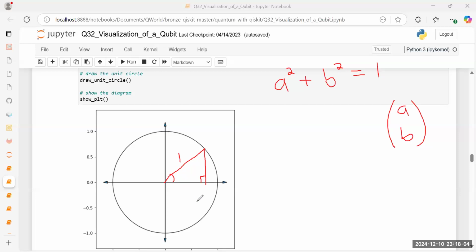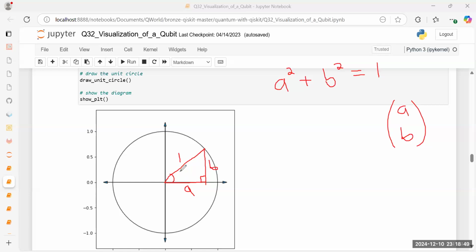For our triangle here, we have one of the sides as A and the other side as B. From Pythagoras theorem, we have the adjacent side squared plus the opposite side squared equal to the hypotenuse squared. But obviously, 1 squared is 1.